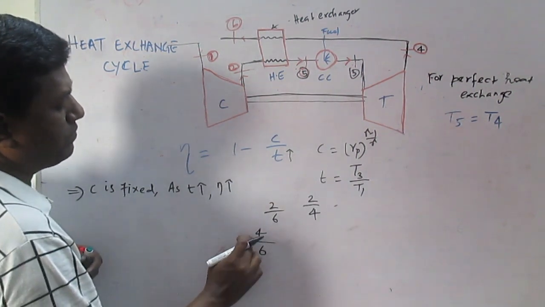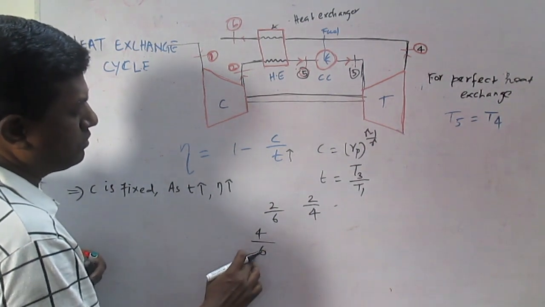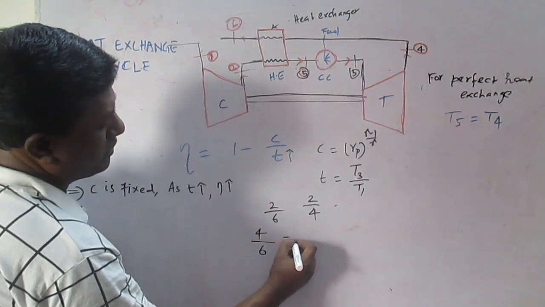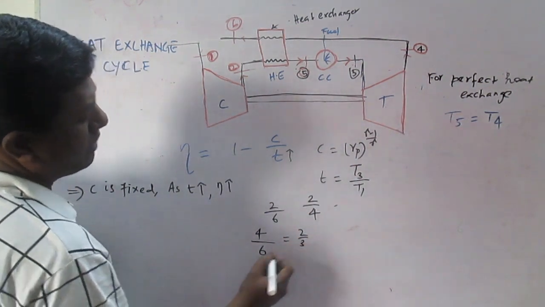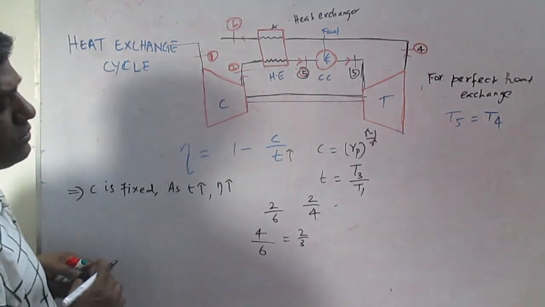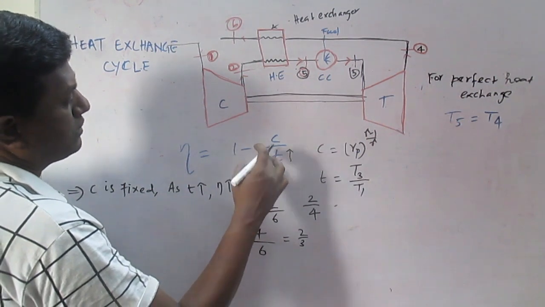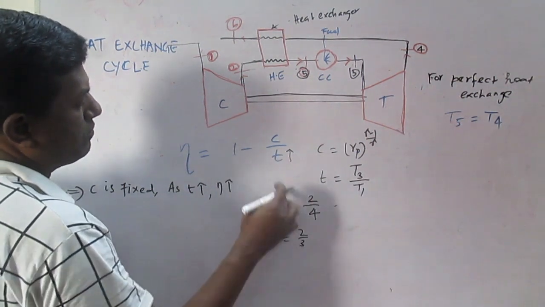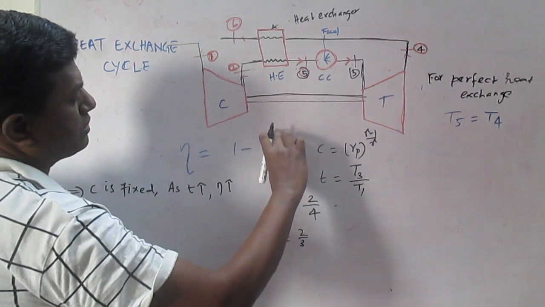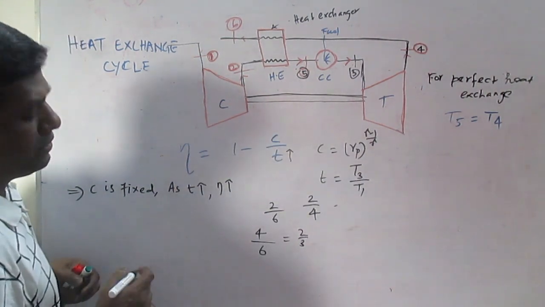If instead of 2 you put C equal to 4, then 4 by 6 is nothing but 2 by 3. So 2 by 3 we know, so the C ratio obviously is increasing. If this ratio is larger, then obviously efficiency will be larger. That is the idea.